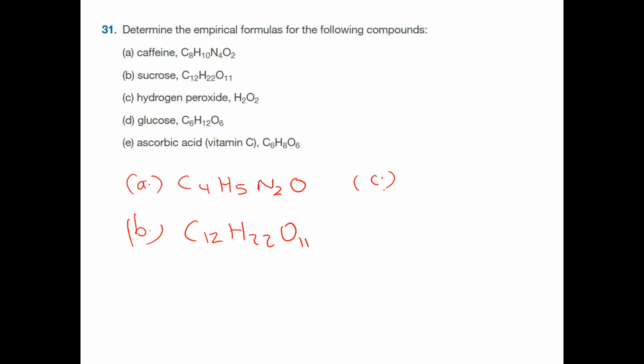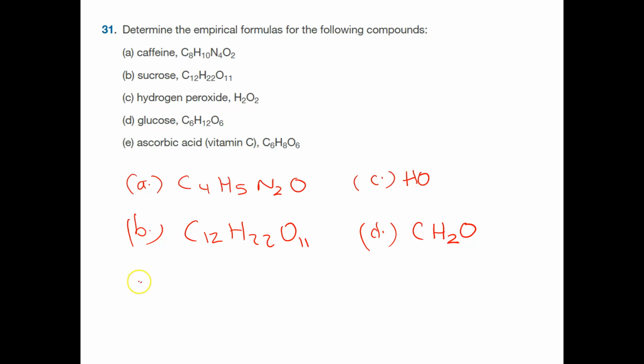In C, hydrogen peroxide, we've seen this a couple of times. We can divide through by the common factor of 2. So there we are. In D, glucose, important for our metabolism. And it looks like here we can divide through by the common factor of 6. So CH2O.